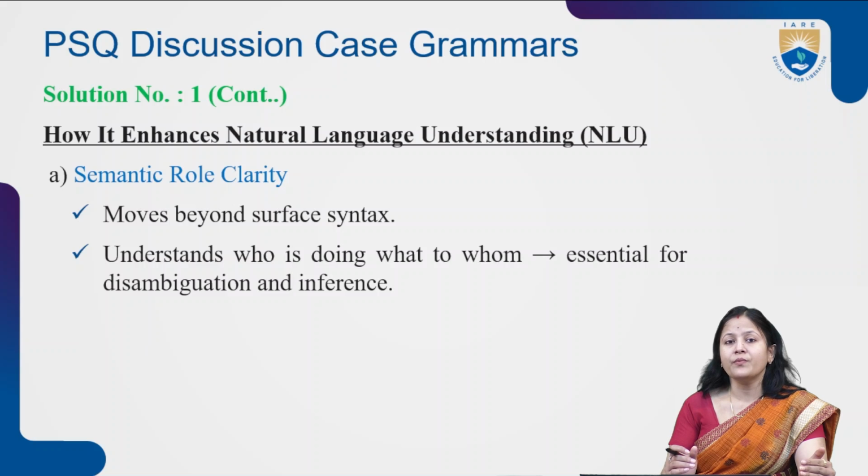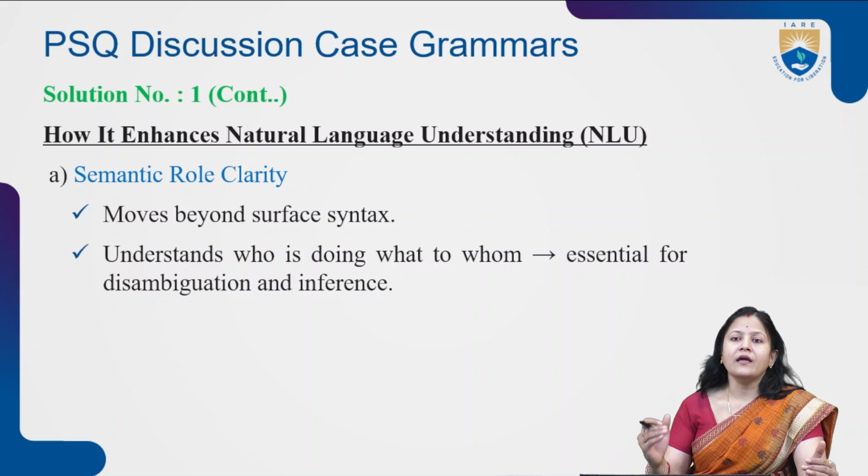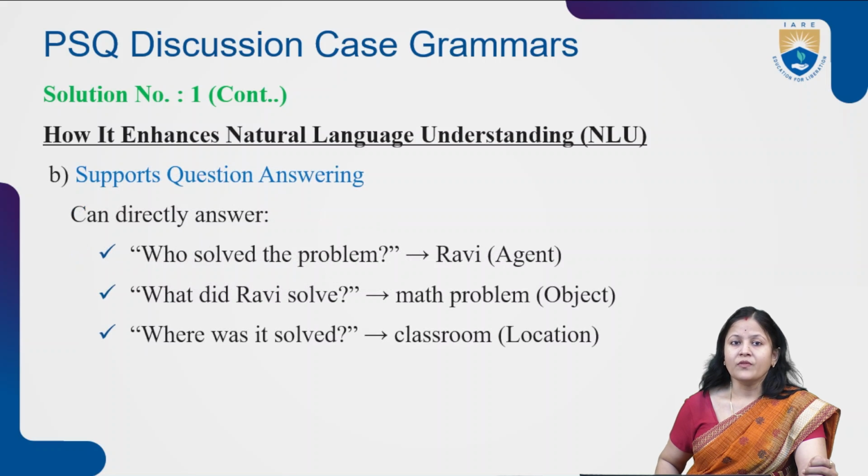From the representation of the case grammars, the system understands very easily the exact meaning of each word: who is doing, where it happened, how it happened, all the W's, and the things essential for understanding will be understandable by the machine using question answer format.